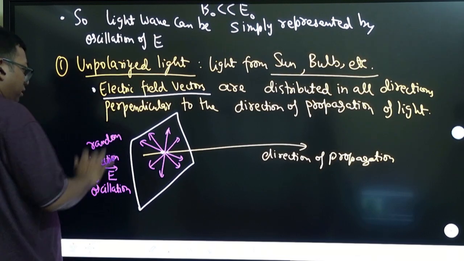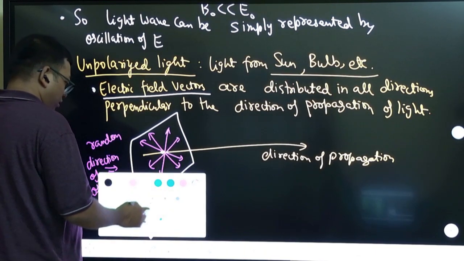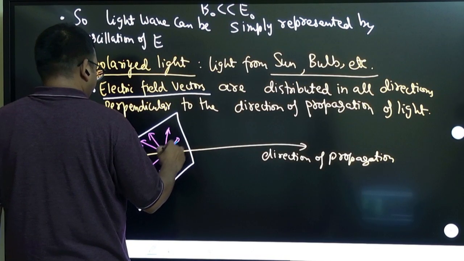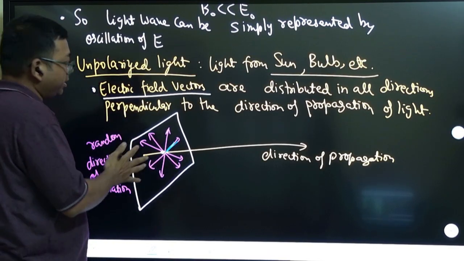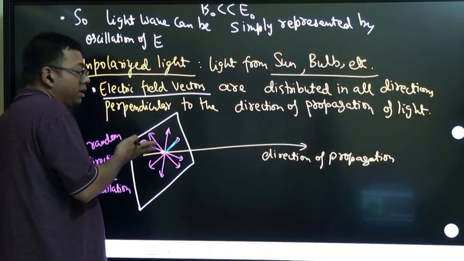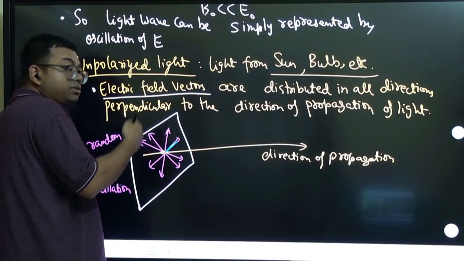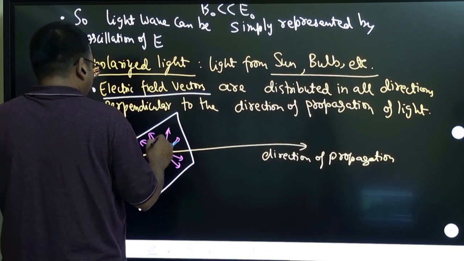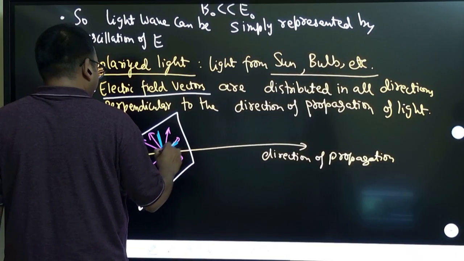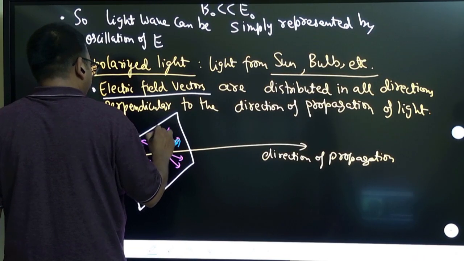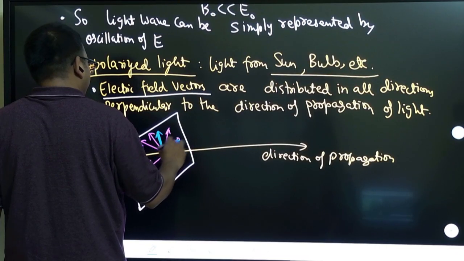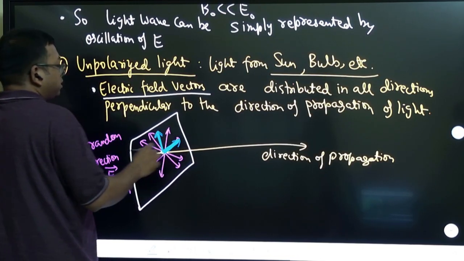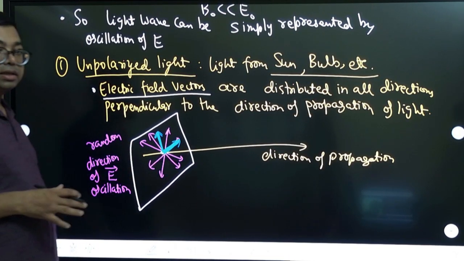But definitely in this plane, we can resolve the vector into two components. Note that this plane itself is perpendicular to this. This is like the x-axis, so this is the yz plane. In this yz plane, I can resolve into two directions which are perpendicular to each other, because any vector in a plane can be resolved along the x-axis and y-axis.